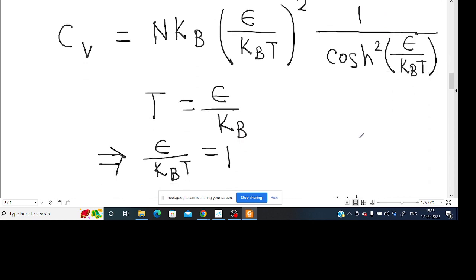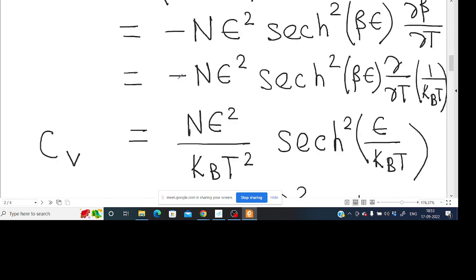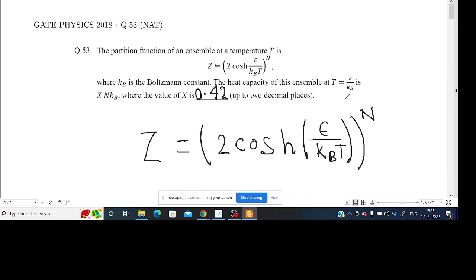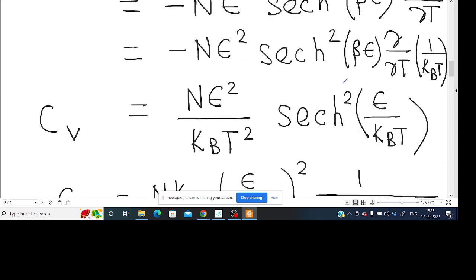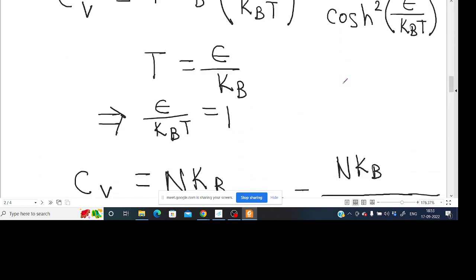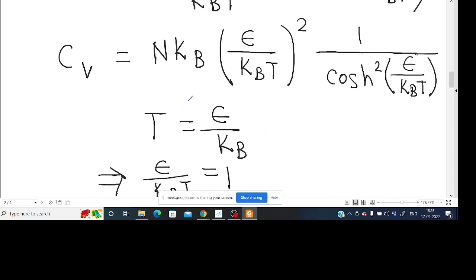Now in this problem, it is already given that epsilon by kBT is equal to 1. Just put this value epsilon by kBT equal to 1 here, then you will get n kB by cos hyperbolic square 1, right?